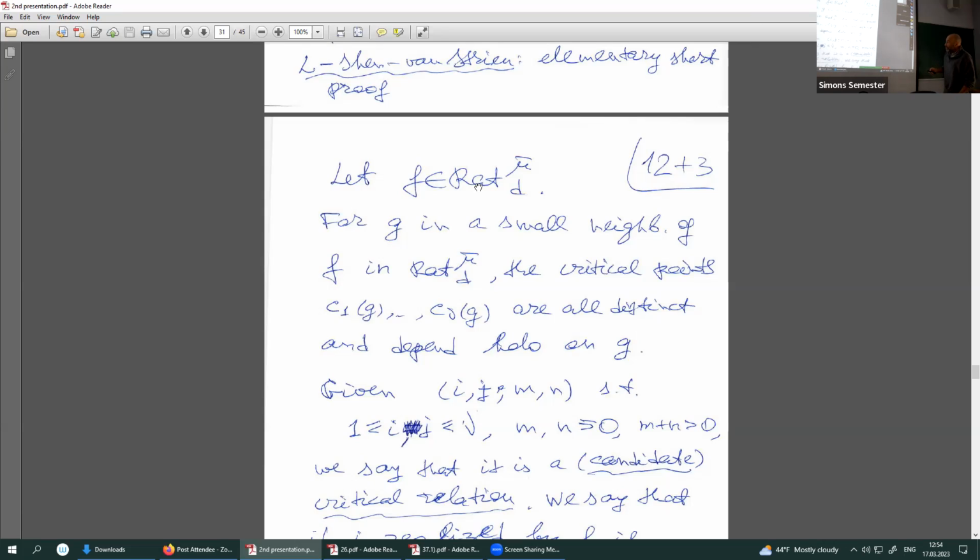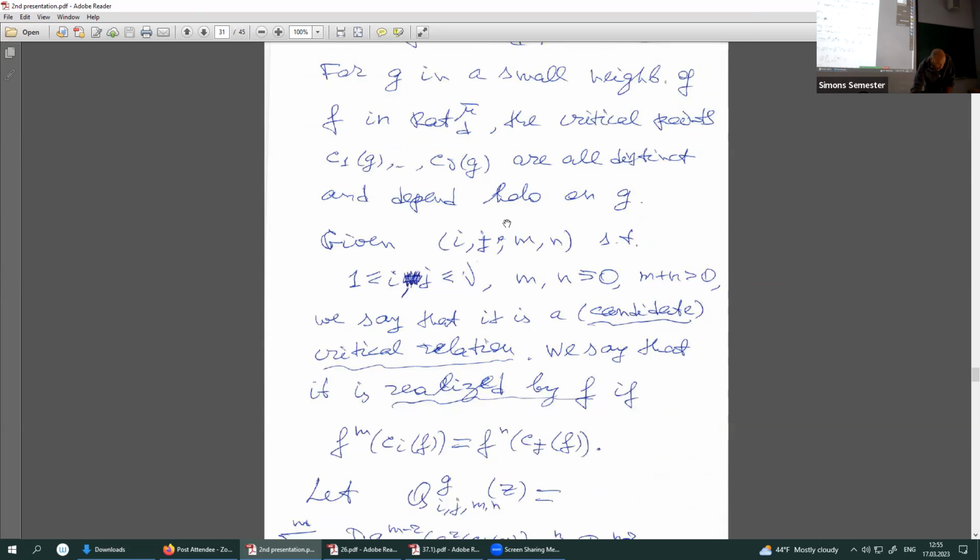The distance and the bound from G. Okay, now given a collection of four non-negative integers I, J, M, and N, where I, J are supposed to be indices of the critical points, so there are critical points C1, C2, C nu, and M, N are supposed to be iterates, such that not both of them are 0, we say that this collection is a candidate critical relation.